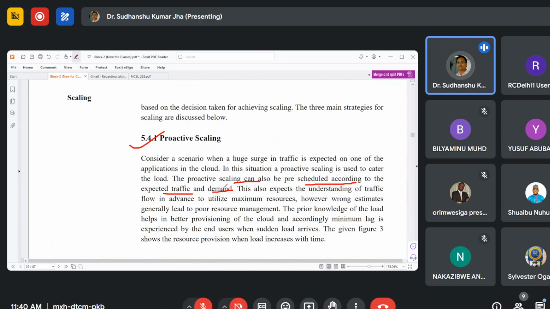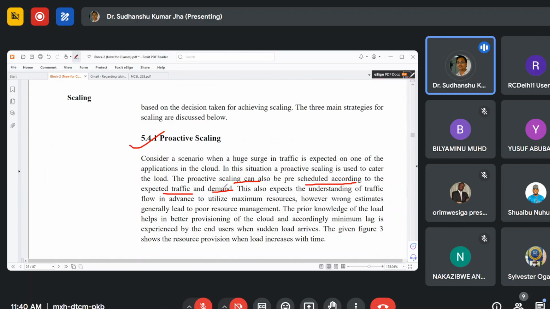Proactive scaling means we need a certain amount of resources, either before starting the job or after starting the job. So once again, understand the word scaling.